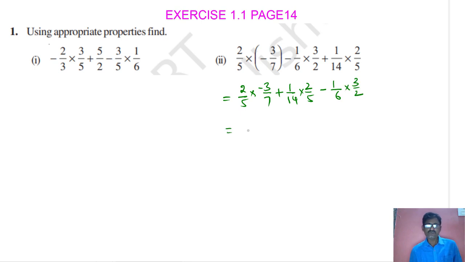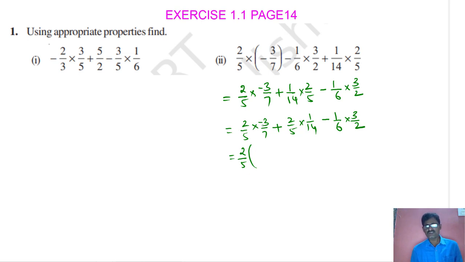So this is equal to 2 by 5 times minus 3 by 7. Then use commutative property under multiplication. So we can write this one as plus 2 by 5 times 1 by 14, then minus 1 by 6 times 3 by 2. So this is equal to, now take 2 by 5 as common. So that means use distributive property.